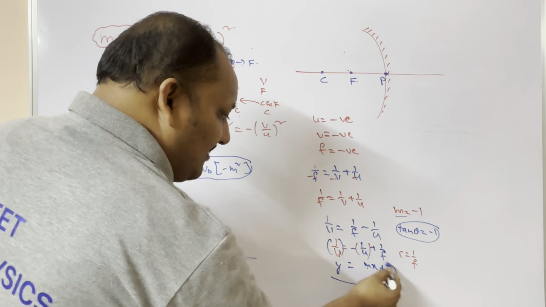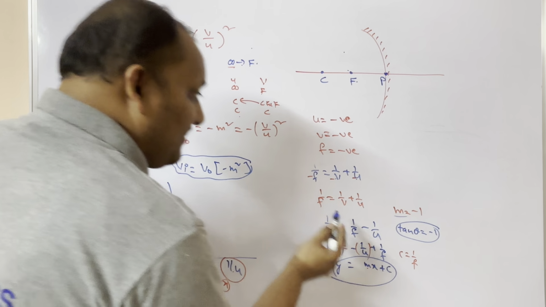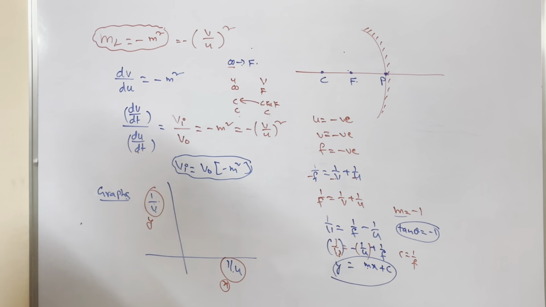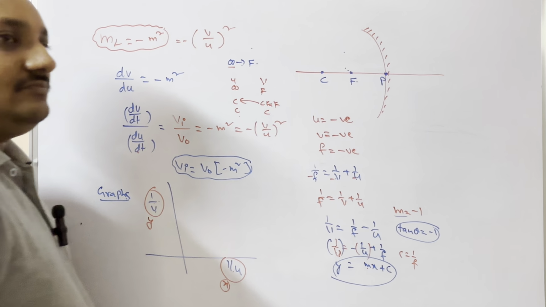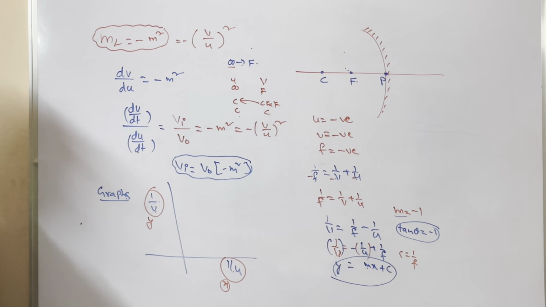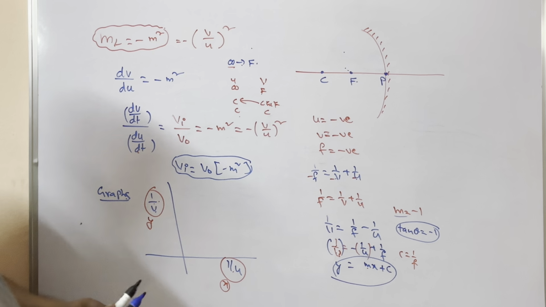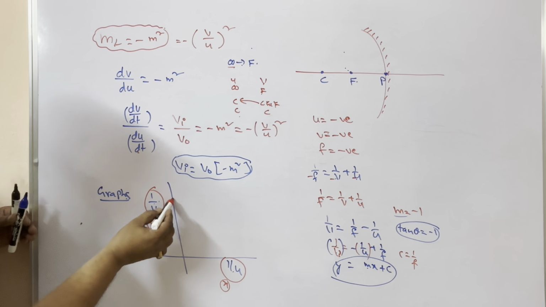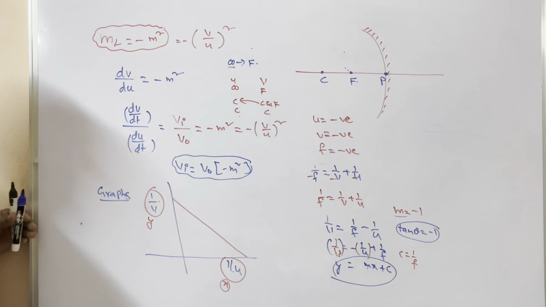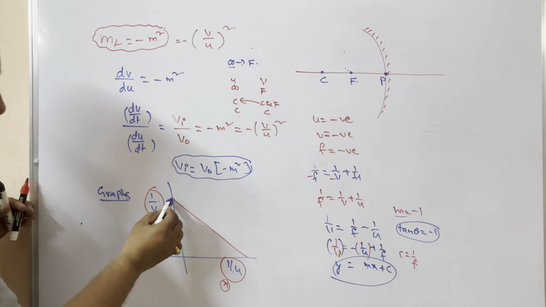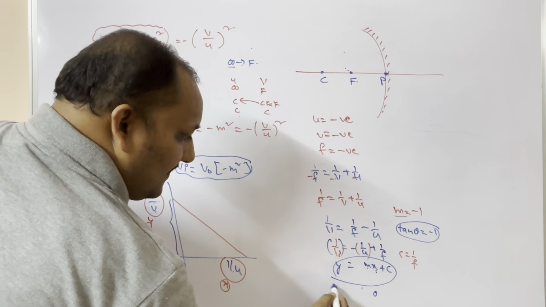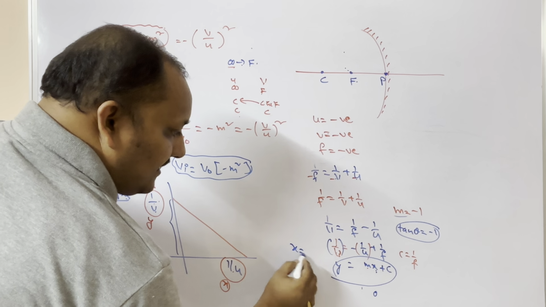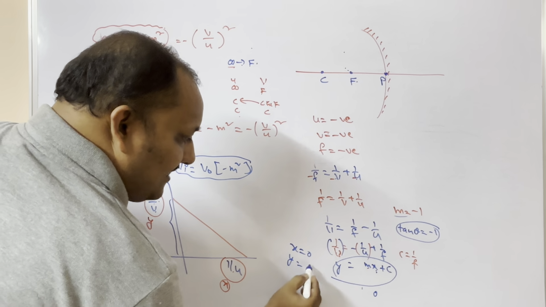Now, what is the nature of the graph drawn between 1 by v and 1 by u if the object is on the left side, beyond f? It is a straight line but not passing through the origin. This is how the graph will come. Whenever x is 0, y is equal to c.